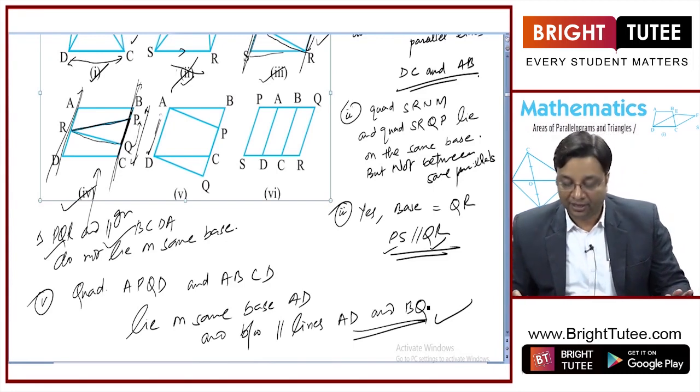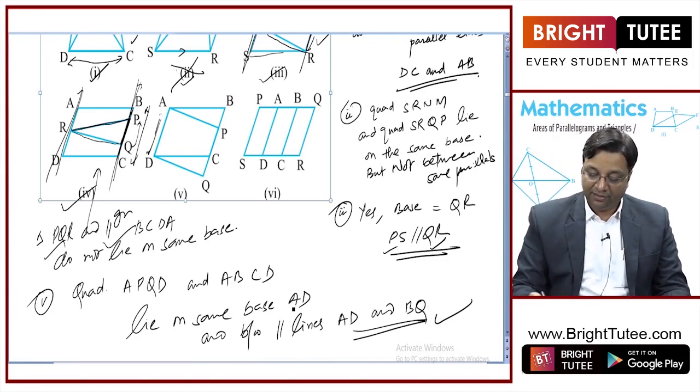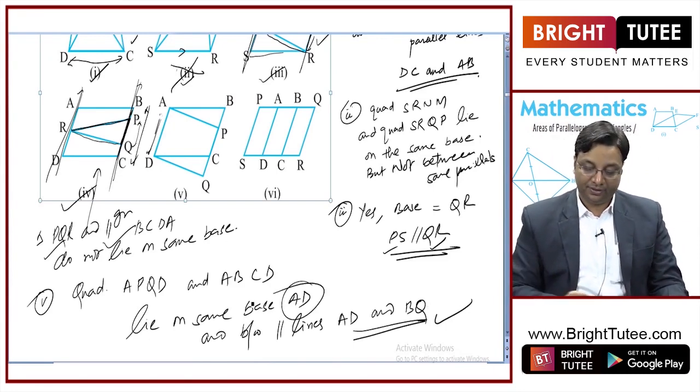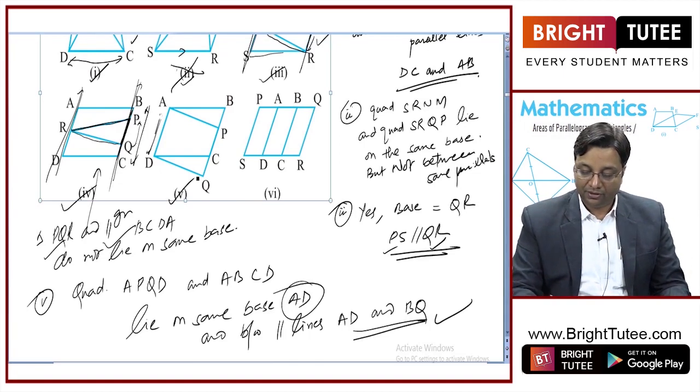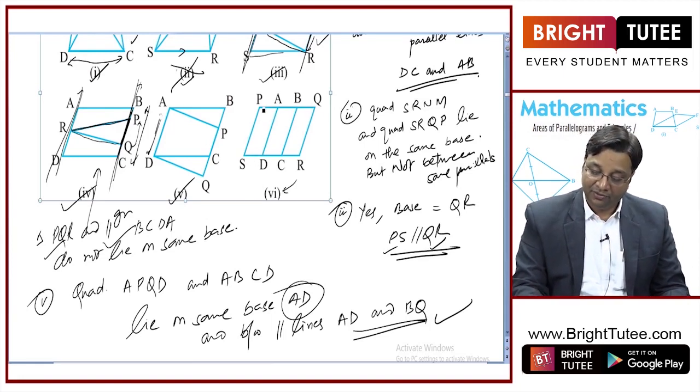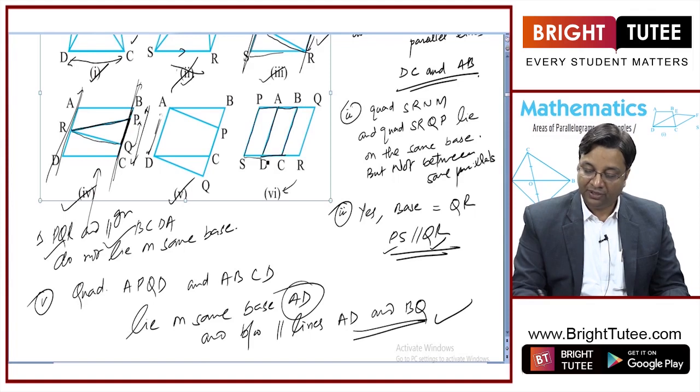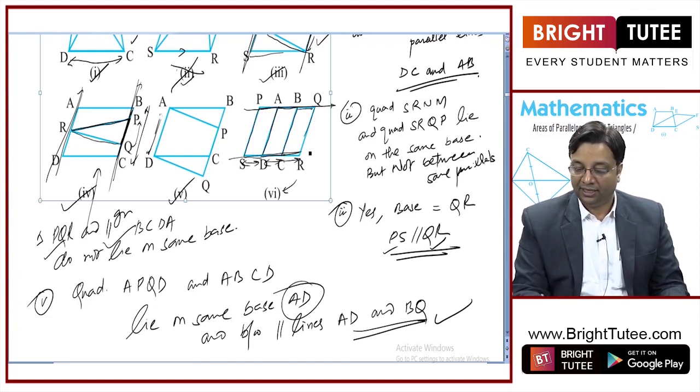So, AD and BQ are parallel lines and the same base is AD. Okay. For this figure, sixth one, these figures do not lie on same base and between same parallel lines, as if you notice these quadrilaterals or these little parallelograms, these lie on different bases, okay, but yes, these lie between same parallel lines PQ and SR.